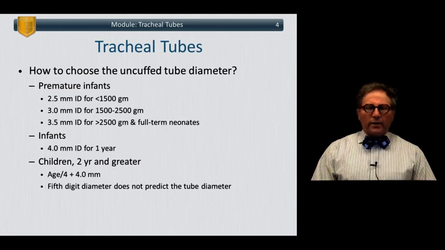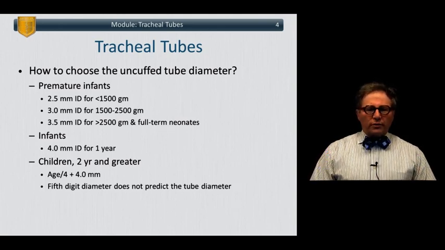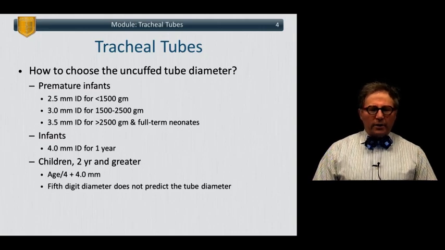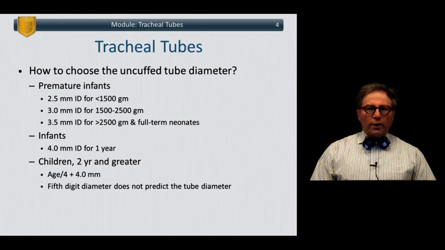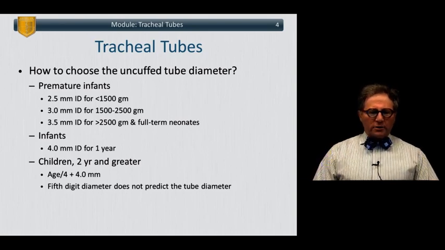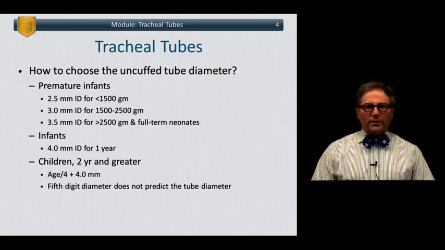We begin by outlining how to choose the correct diameter of an uncuffed endotracheal tube in a pediatric patient. Looking first at premature infants, the size of the endotracheal tube is related directly to the weight of the infant.